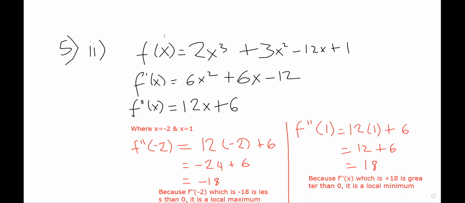And that's how we determine if it's a maximum or if it's a minimum value, right?